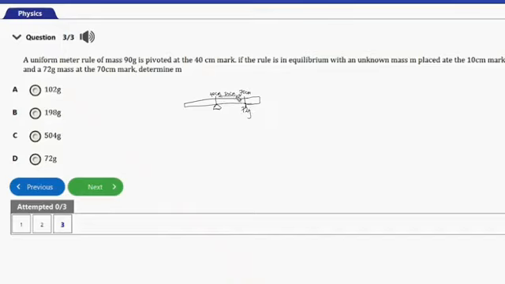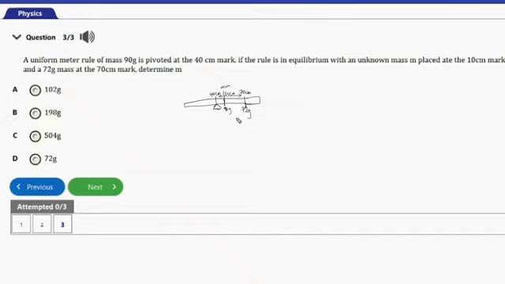That's actually like 30 cm from the fixed point. So let's say the 90 grams takes the first 10 cm and then the next 20 cm. So that's a total of 30 cm here.